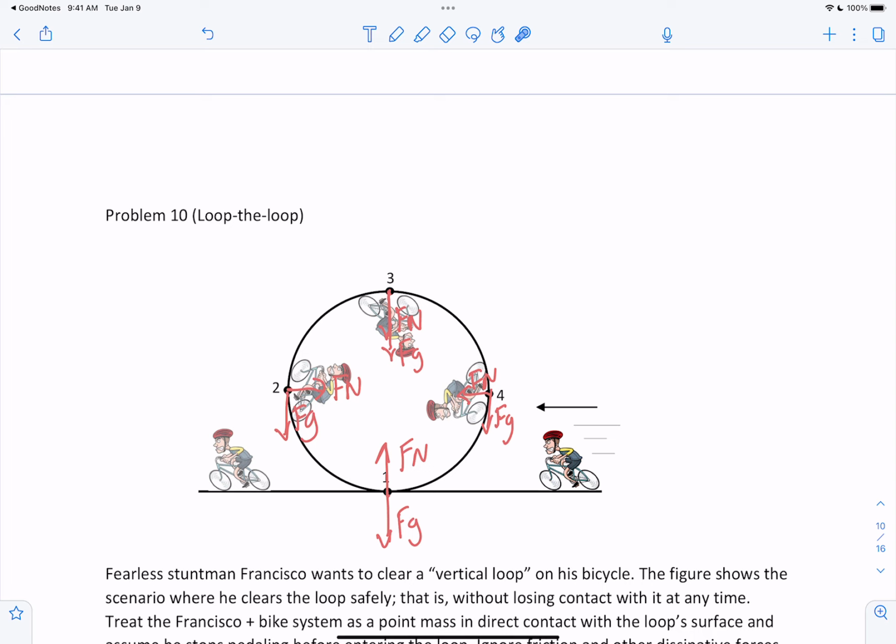Exactly. We're going slow enough to just prevent falling off or losing contact with the track. So that point where we're about to just lose contact is when we have what? Fn is equal to 0.